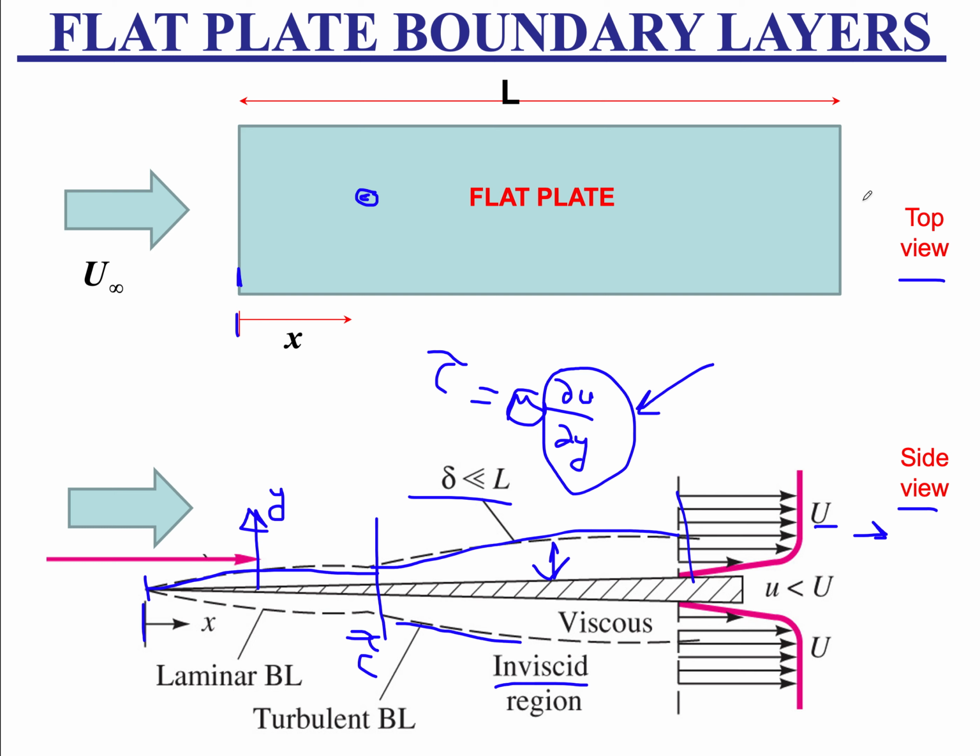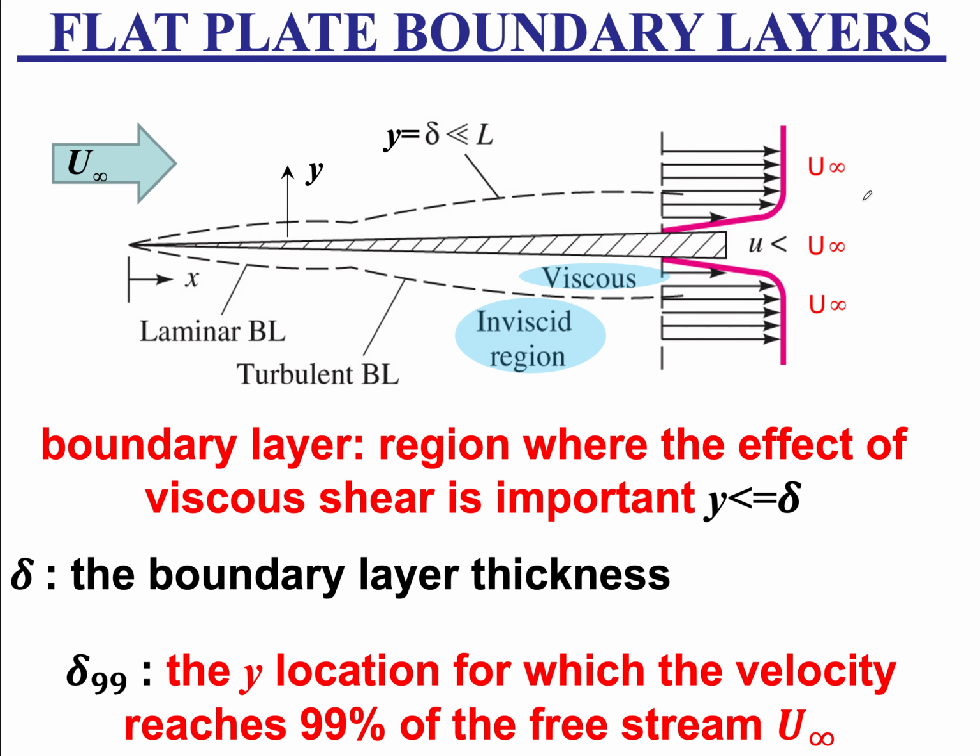We then made the assumption that the thickness of this airfoil is much, much smaller than its length, which means that the pressure gradient is so small that we can assume it is a flat plate. Then we jumped into a flat plate, which is where we are right now. And now this boundary layer theory is going to help us find this shear stress.